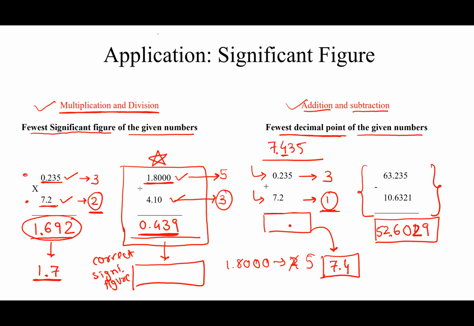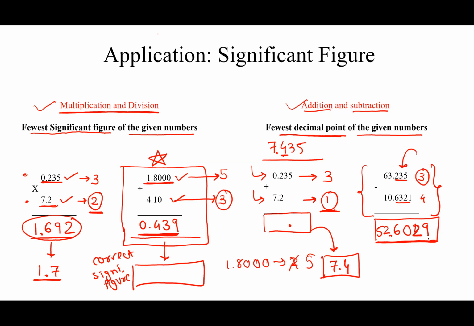Now, what we're going to do, we are just going to look at how many digits we have after the decimal point. For the first number, we have 3 digits after the decimal point. In this number, we have 4 digits after the decimal point. Which one is the lowest? It is 3. How many do we have when we use the calculator? We have 4.